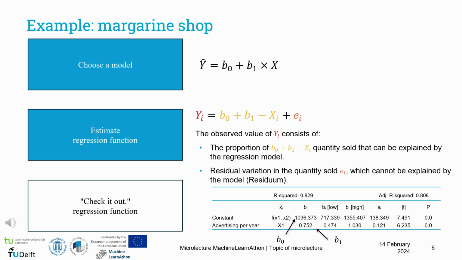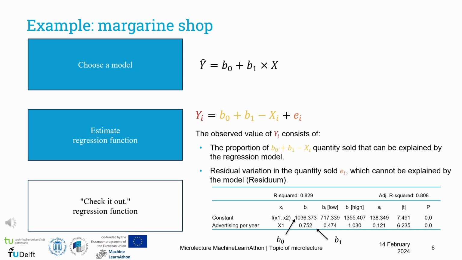The actual observed value, yi, consists of two parts: the part explained by the model, which is b0 plus b1 xi, and the residual ei, which captures the variation not explained by the model.